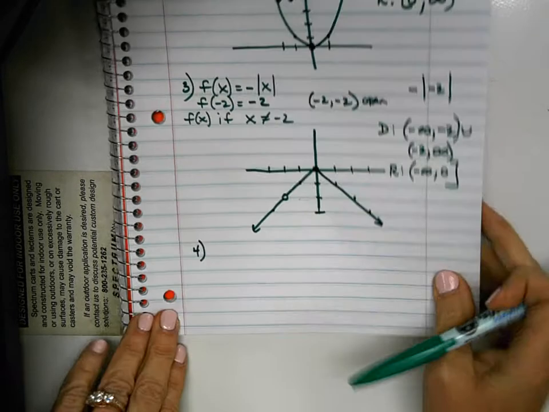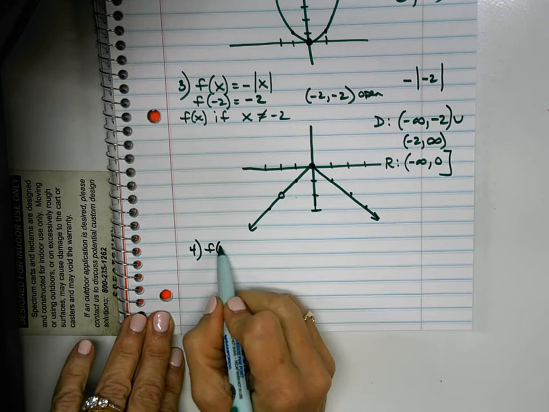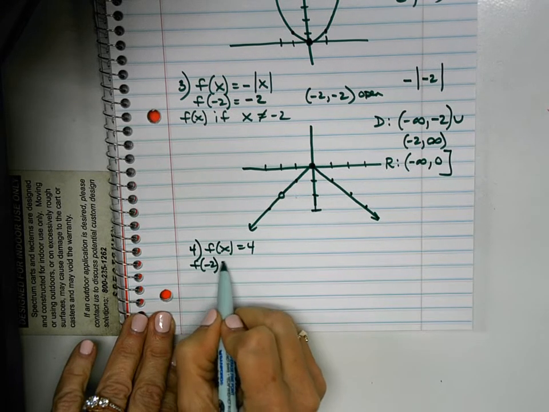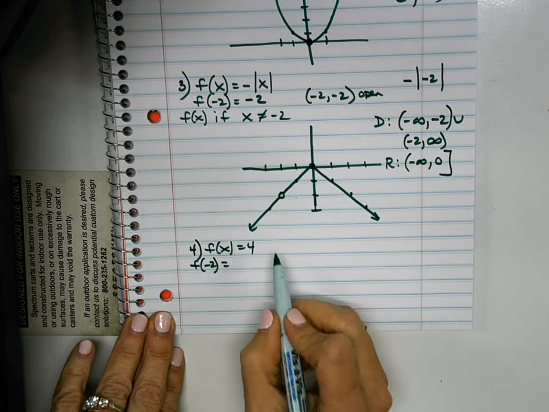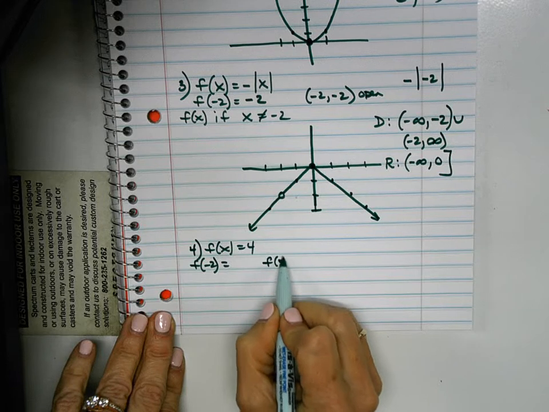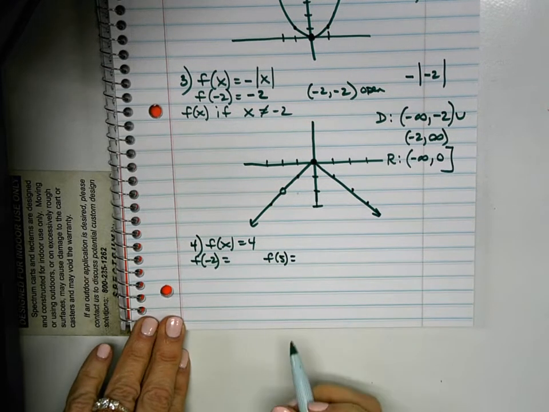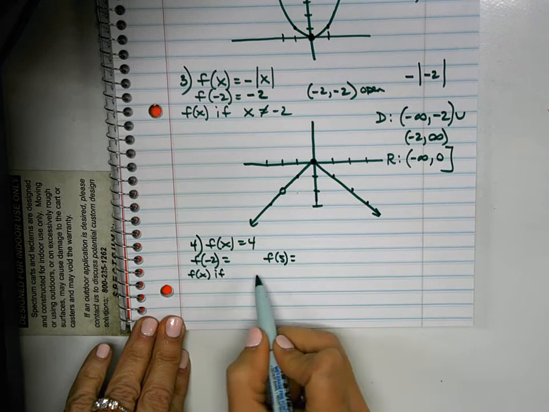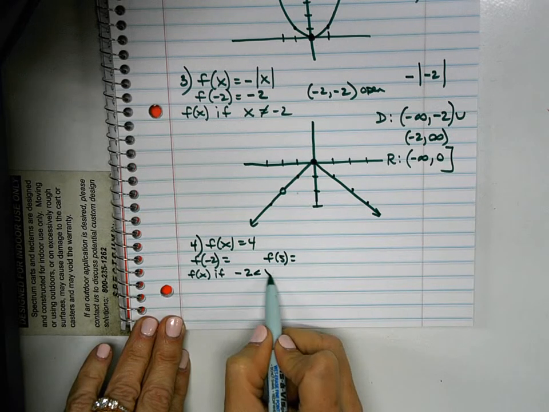Okay, for this next one, I want you to sketch f of x equals 4. I want you to find 2 points, f of -2 and f of 5. Okay, because we're going to sketch f of x if -2 is less than x is less than or equal to 5.